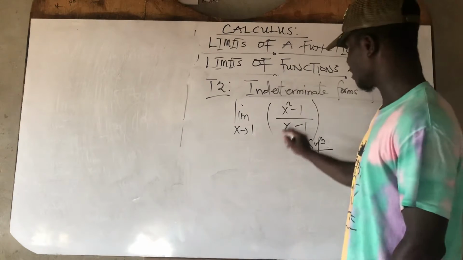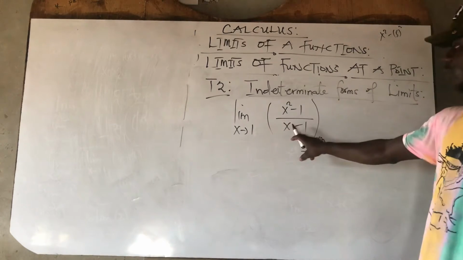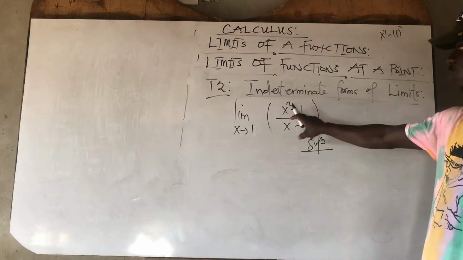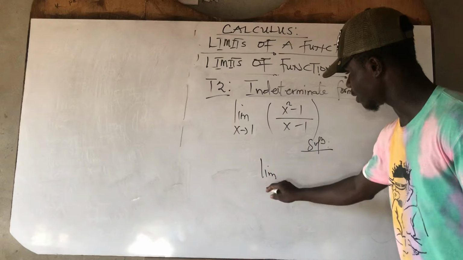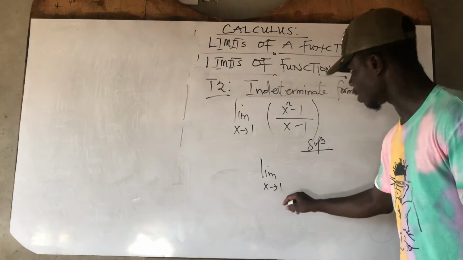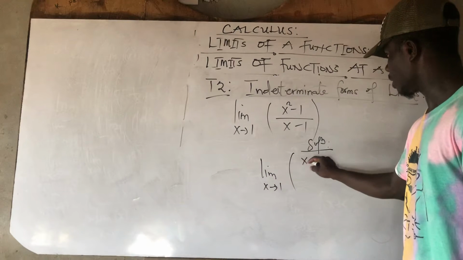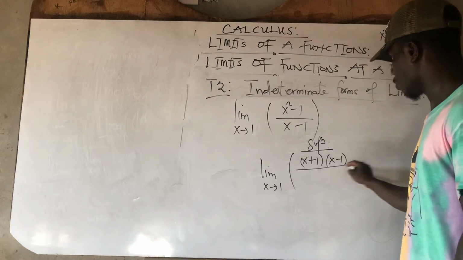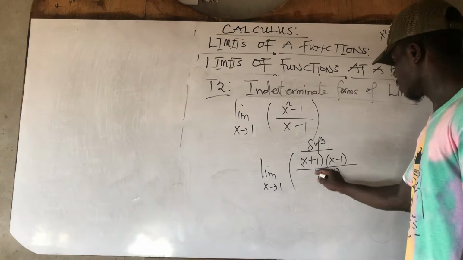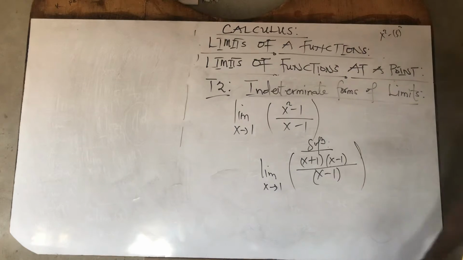You can see that this one is x squared minus 1, this one is x minus 1. Now this one, that's difference of 2 squares, so I can do something there. So which is the limit as x approaches 1 of this one will be x plus 1, then x minus 1 all on x minus 1, right?